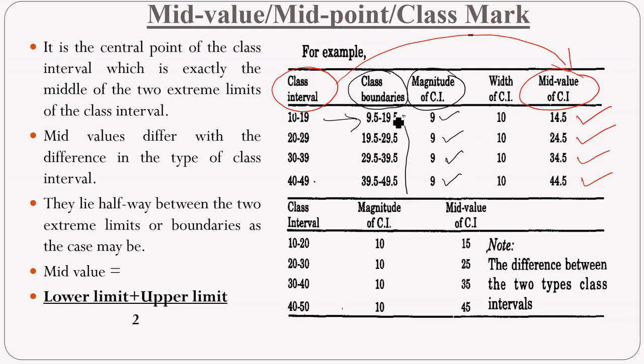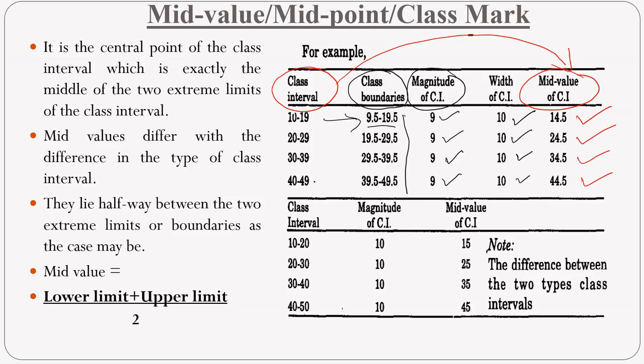Class width, we take the class boundary. Do you see class boundary? I am underlining 9.5, 19.5. So 9.5 minus 19.5, we get 10. Same way, 19.5 minus 29.5, 10. 29.5 minus 39.5, we get 10. 39.5, 49.5, we get again 10.